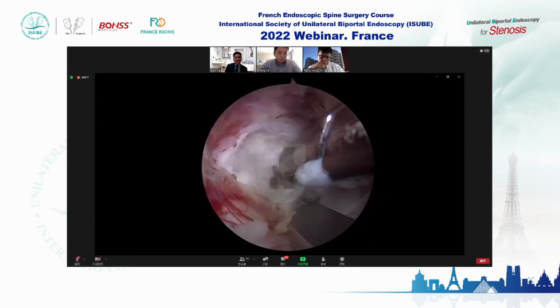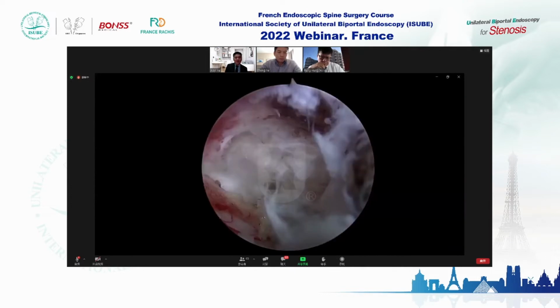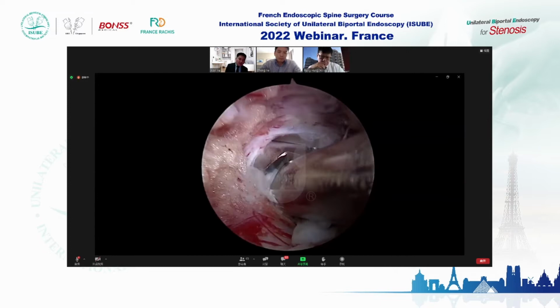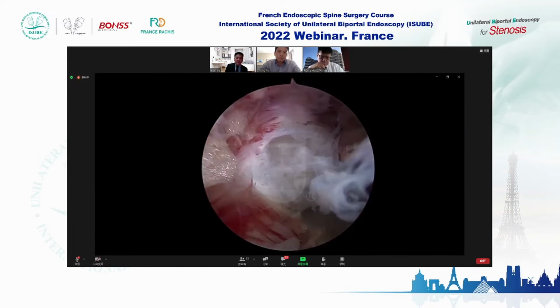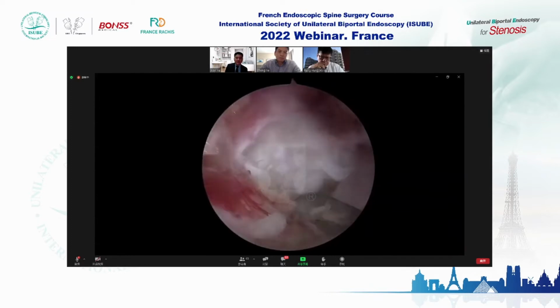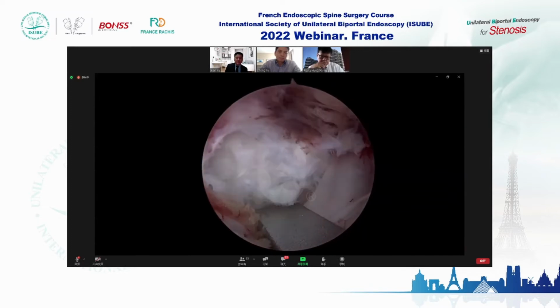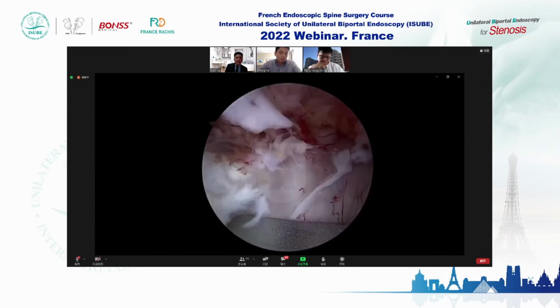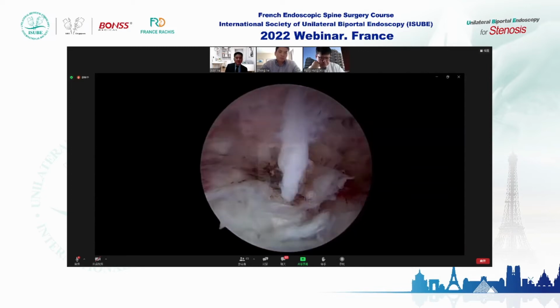This is disc space. Now you do the foraminal area. You can see the left side of the membrane. Maybe I have removed the disc fragment in the foraminal area. Okay. But I will probe the exiting nerve root.